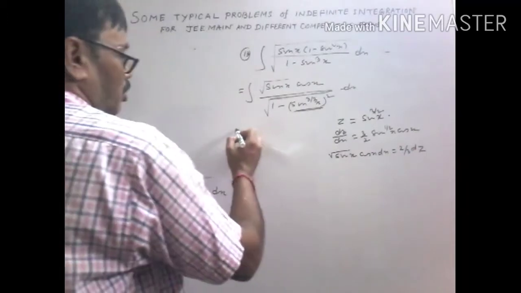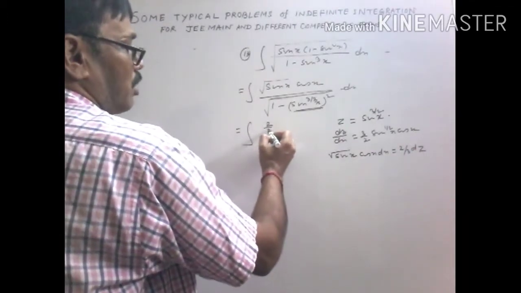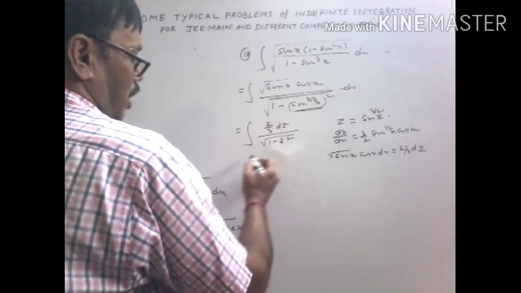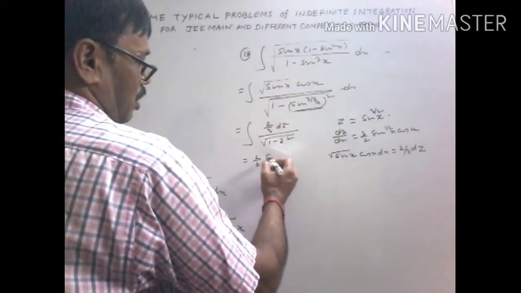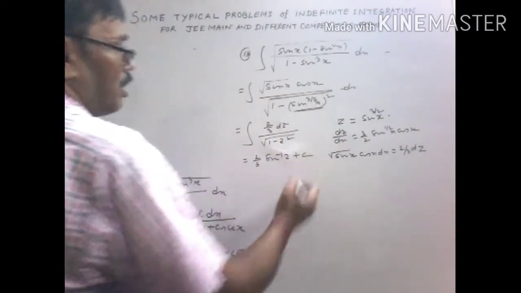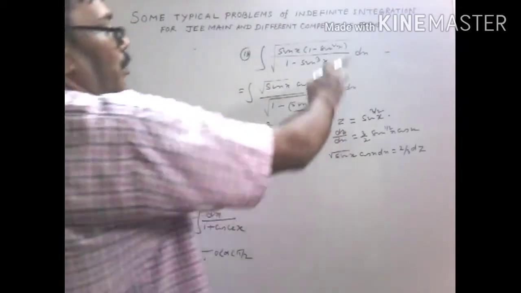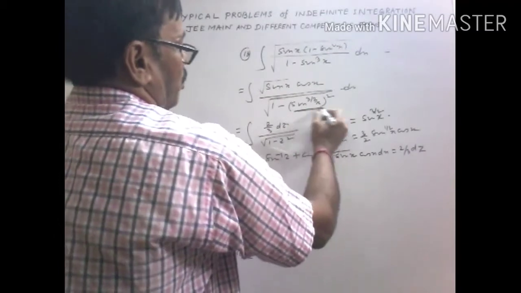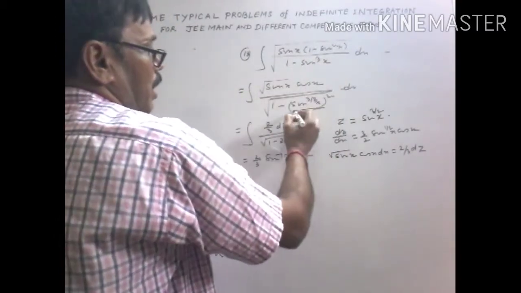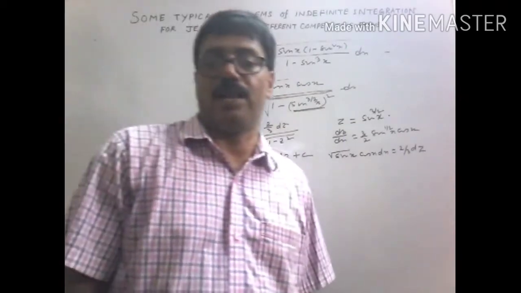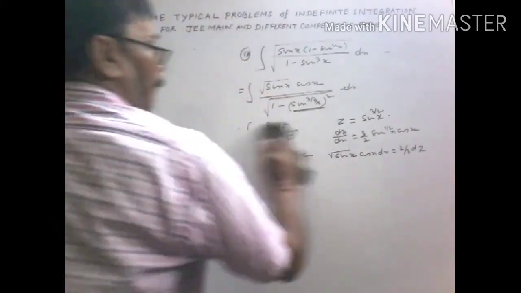So 2 by 3 dz, and root over 1 minus z square. So 2 by 3 sin inverse z plus c. So putting the value of z, we get the result. So this step and this one, this is QB. Our main aim is to put it in terms of second degree algebraic.